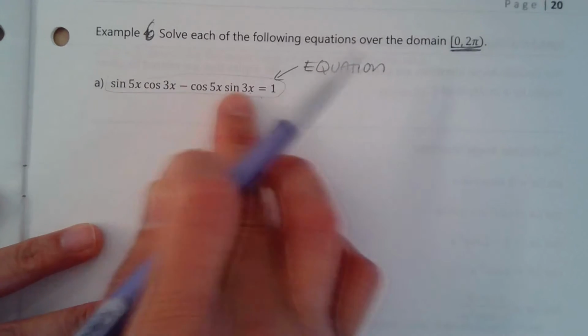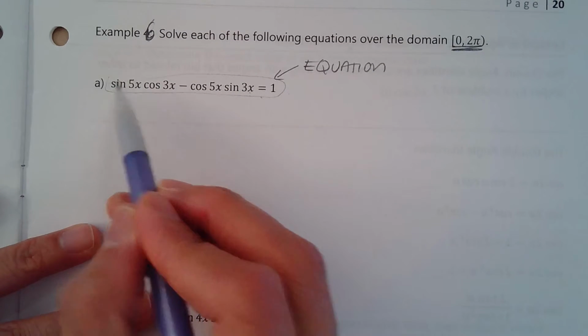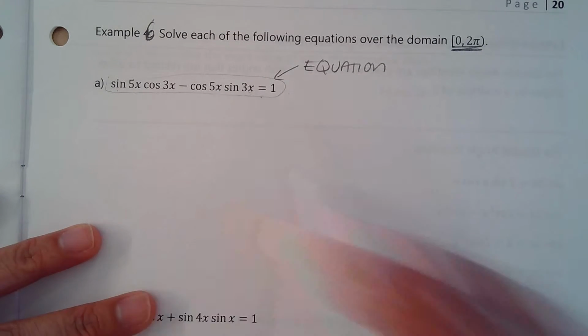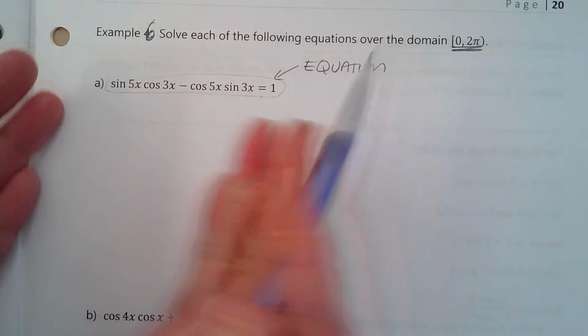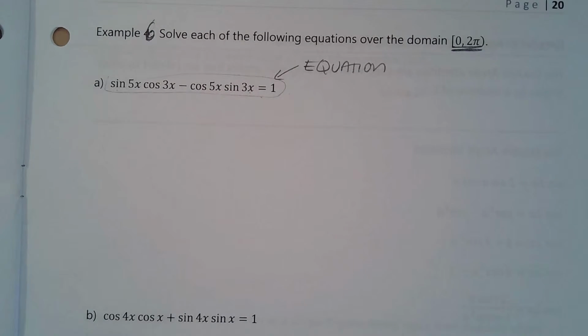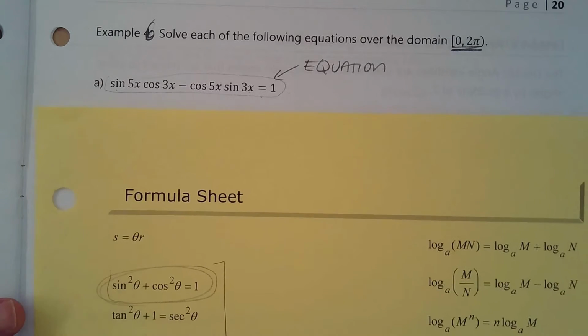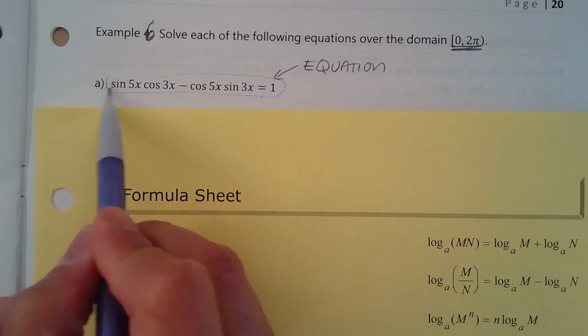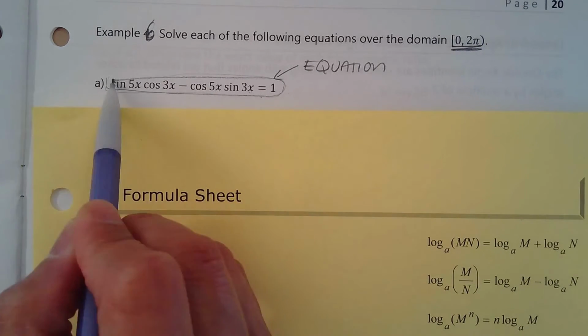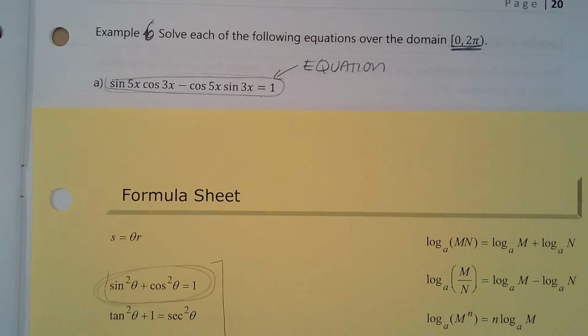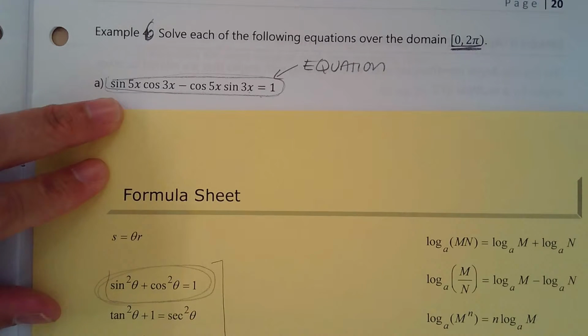So when we have this sine, cos, sine, we can simplify this using our trig identity. So which is the appropriate trig identity for this one? That's sine of a minus b.